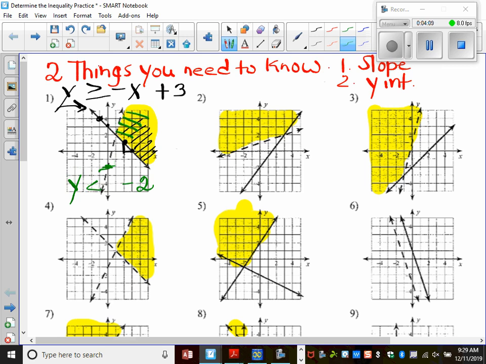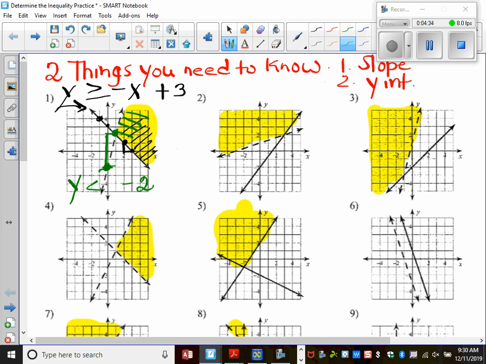The slope. So I'm going to choose this point right here because I know it crosses at -2. Okay, and then I'm going to choose another point. So let's choose this point right here. Okay, because you got to choose points you can read. And this is going in a positive or negative direction. All right, so I know it's a positive slope.